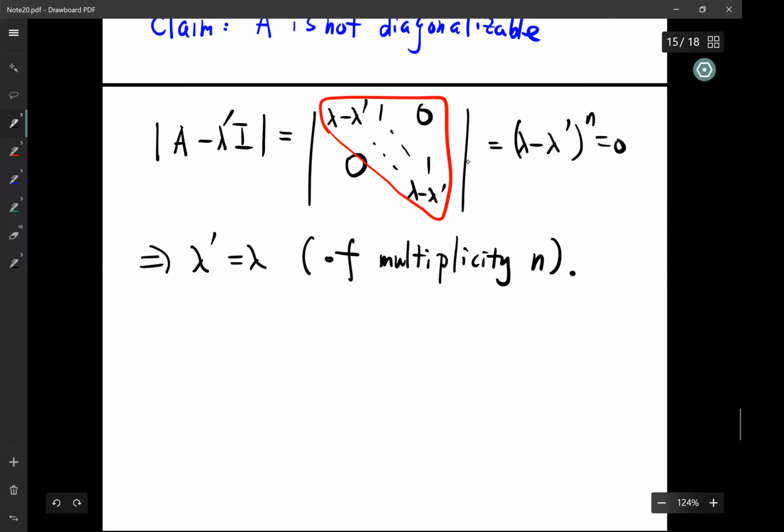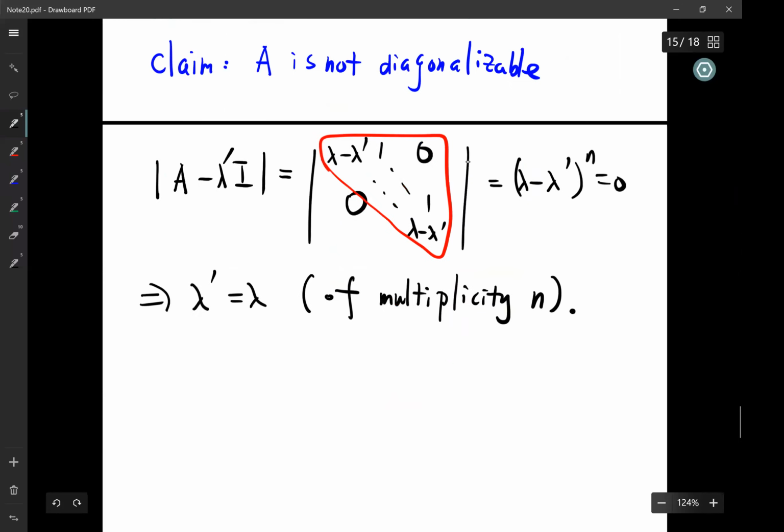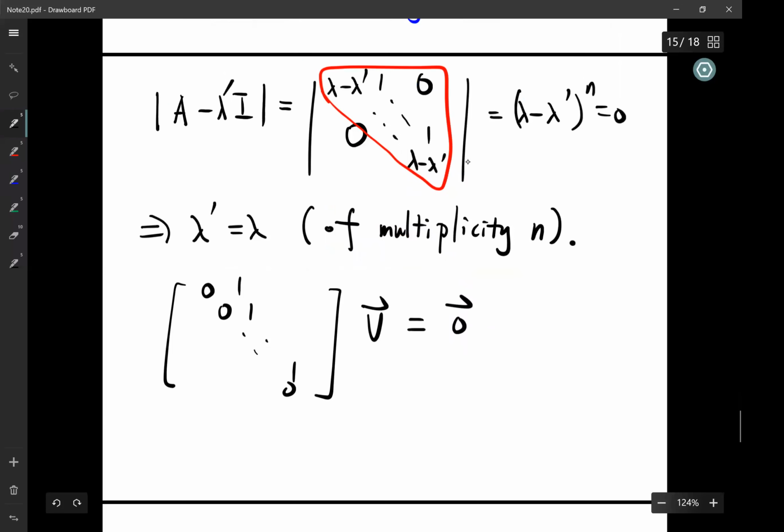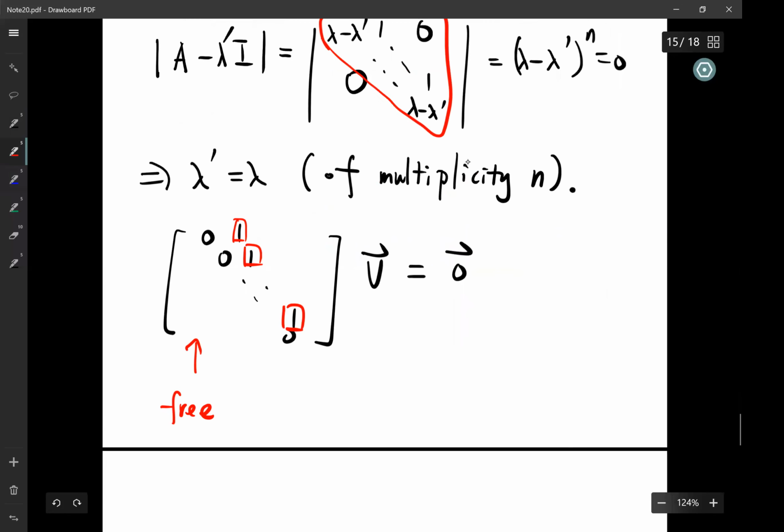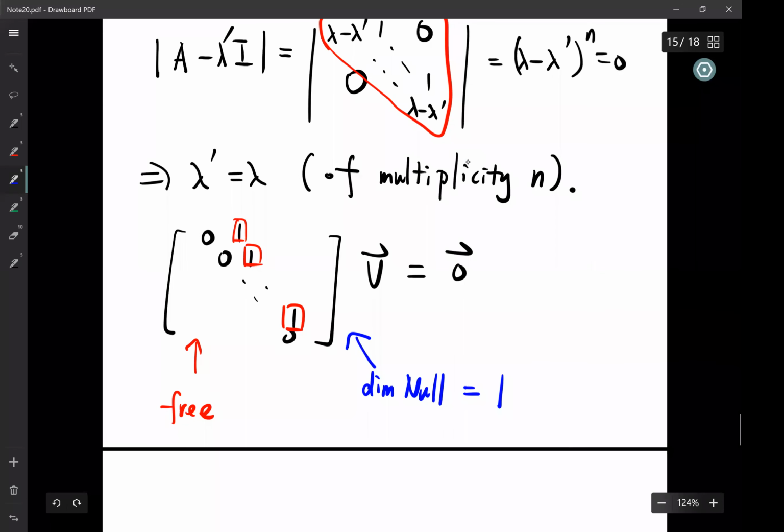Let us now find the eigenvectors. The eigenvector satisfies the following equation: the matrix with 0s on the diagonal and 1s above it, times v, equals 0. Now you see, this is a pivot, this is a pivot, this is a pivot. So the only free column is the first. So the dimension of the null space of this matrix is 1.